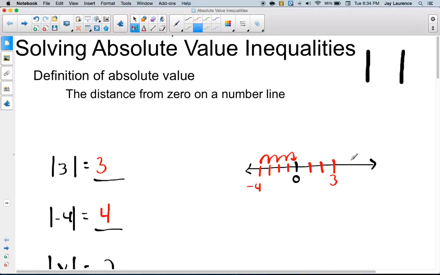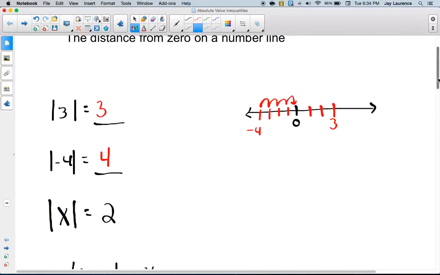So let's try this one here. The absolute value of x equals 2. What's x? Now, some of you are going, 2! But I don't agree with you. You see, to solve for x in the absolute value of x equals 2, the first thing we have to do is translate the absolute value part.